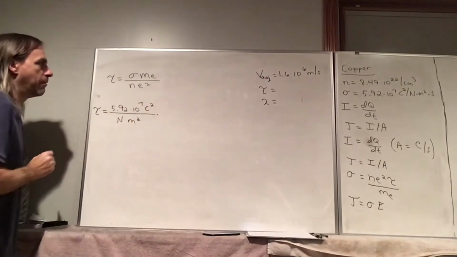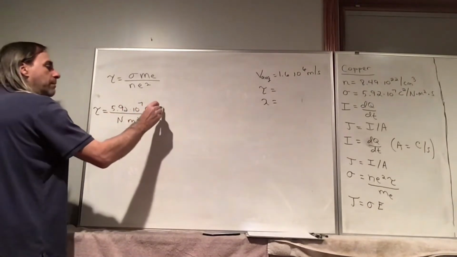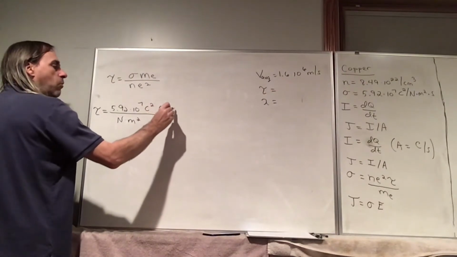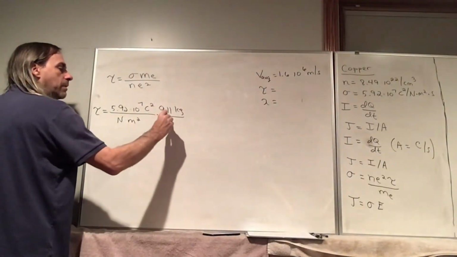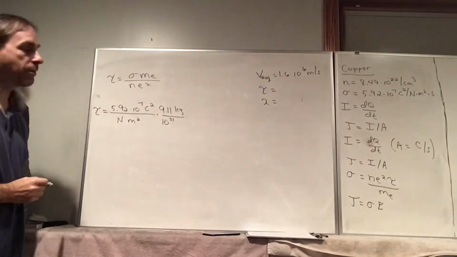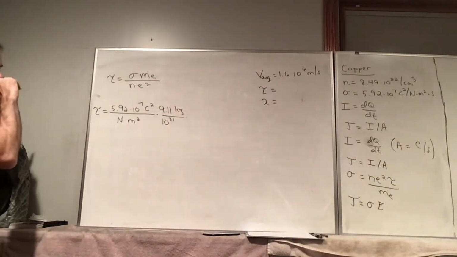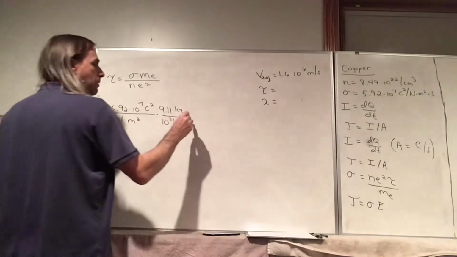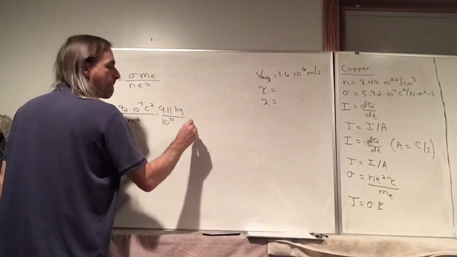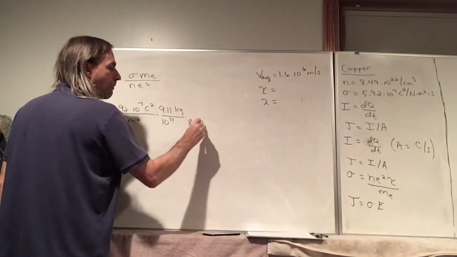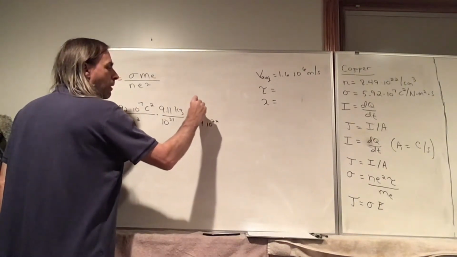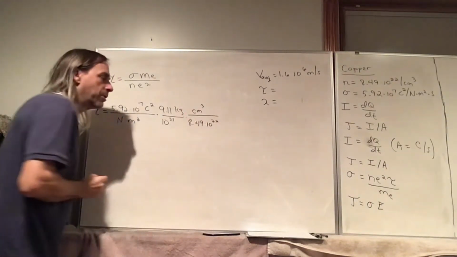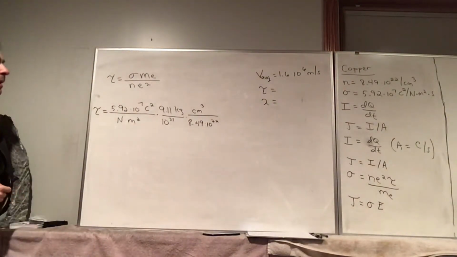Okay, so that's sigma. The mass of an electron is about 9.11 times 10 to the minus 31 kilograms, so we put the 10 to the 31 in the bottom. And we divide by n, which is over centimeters cubed, so we have to put that on top.